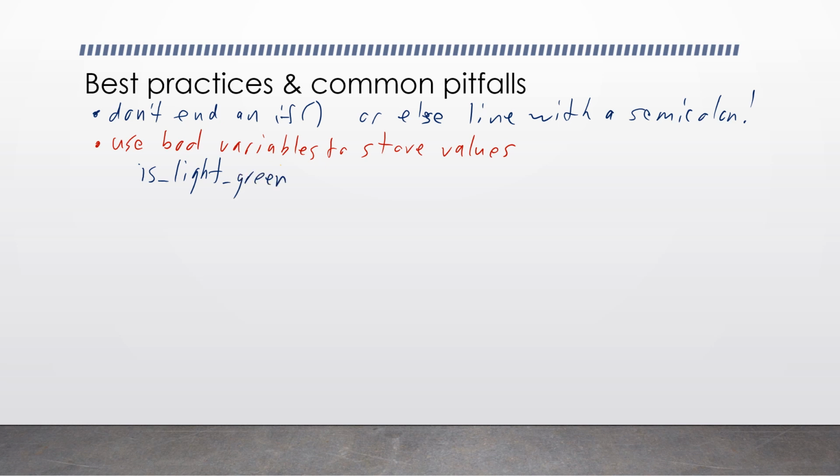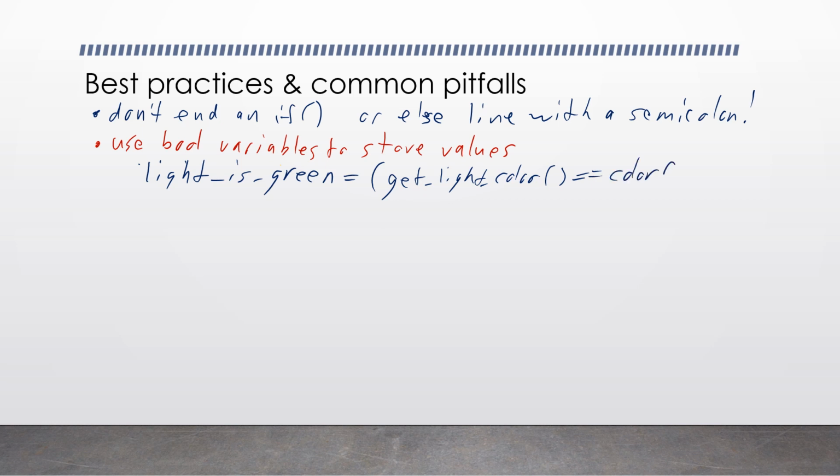Or again, to put it in that positive syntax we've been using, light is green equals, maybe I have a routine called get light color, and it comes out equaling color green.